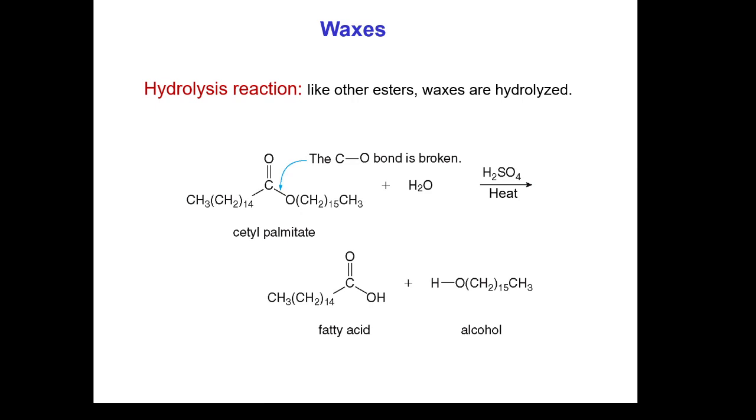And number three, you need heat. So to break your wax down into the fatty acid that made it plus the alcohol, you need 3 factors. So it's not an easy process. Just add water and boom, I'm back to my carboxylic acid and my alcohol.